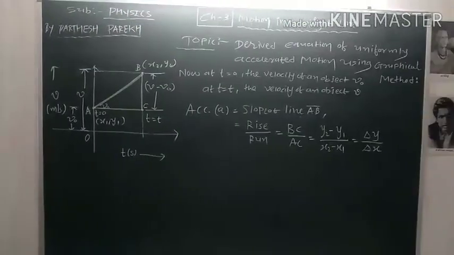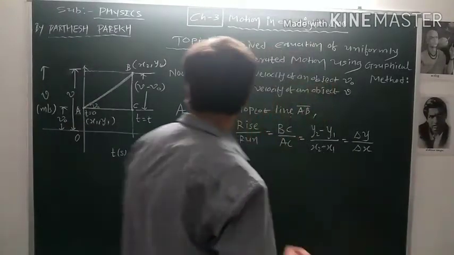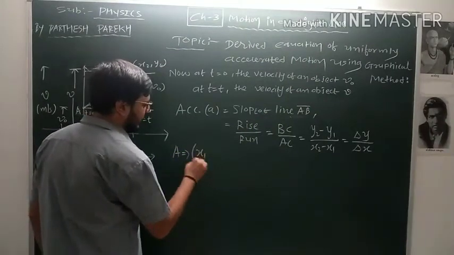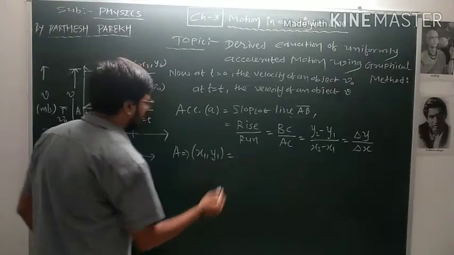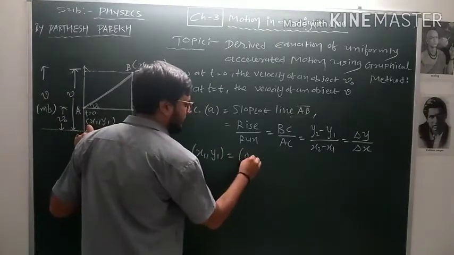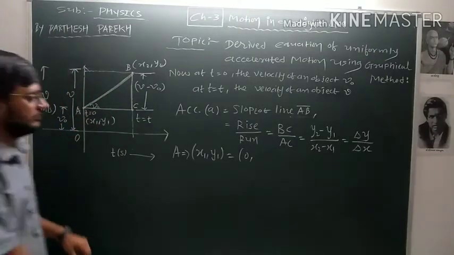Now we find y2 minus y1 and x2 minus x1. At point A, x1 is the initial time, that is 0, and y1 is the initial velocity, that is v naught.